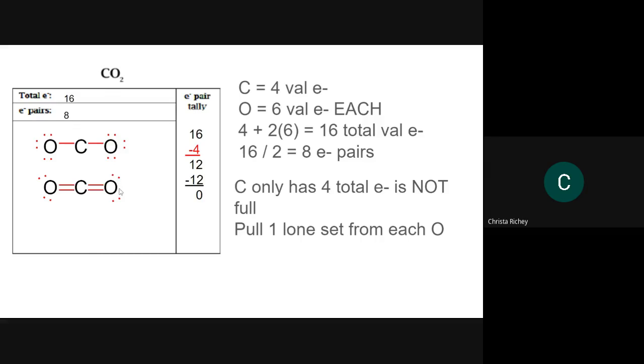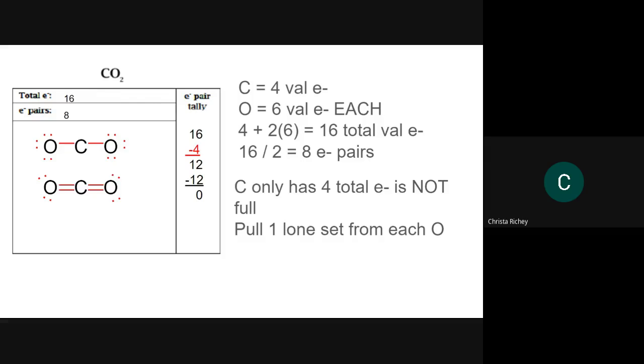Like charges repel. Negative, negative, negative, they want to move as far apart from each other as they can. And then the only thing left is we need to figure out what shape this is, that geometry pattern that the computer program was just telling you.